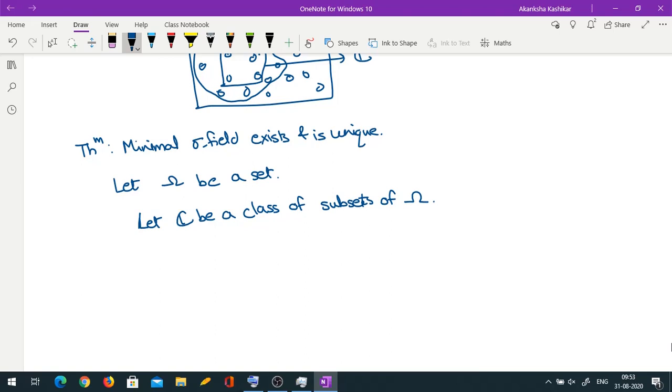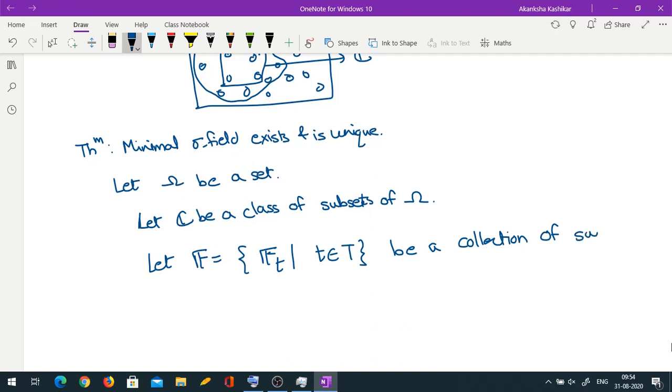So what I'll do is, let script F be a collection of all sets of the form F_t where t is in some index set T. So this is a collection of sigma fields containing C. What does it mean?